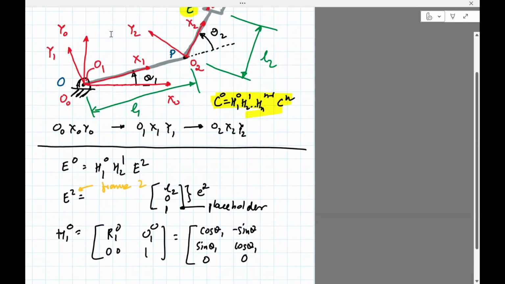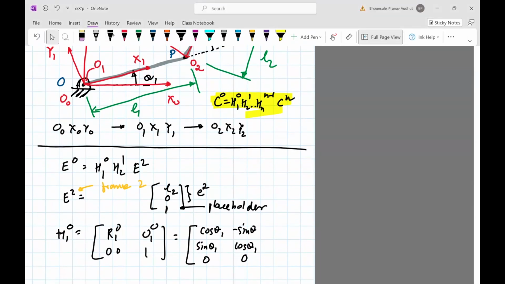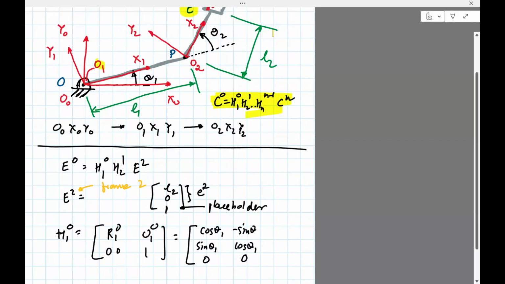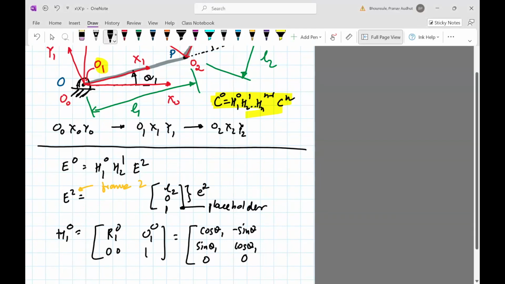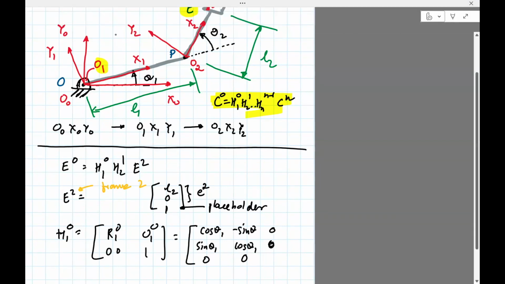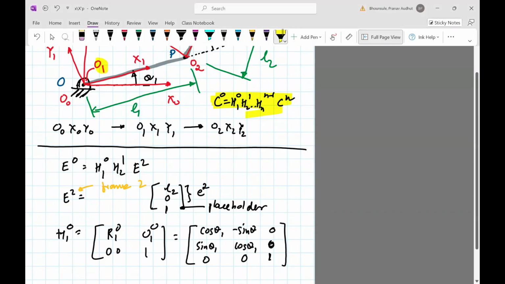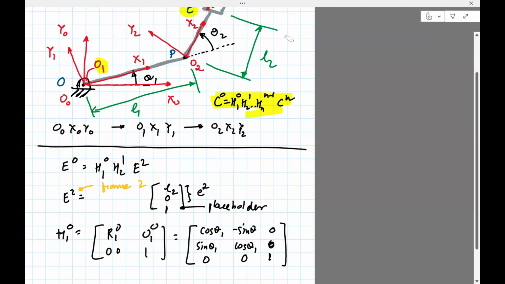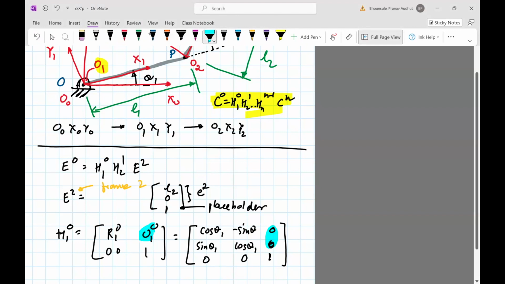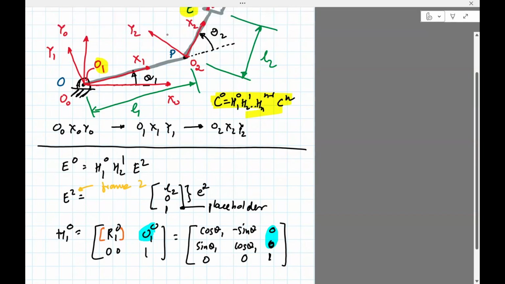And then O1^0, which is this point. So it's the coordinate of O1 in frame 0, but we know that O1 and O0 are at the same point. So it's going to have coordinates of 0 and 0. And then this will be 1. Okay, so this thing is here, and then this part is this.